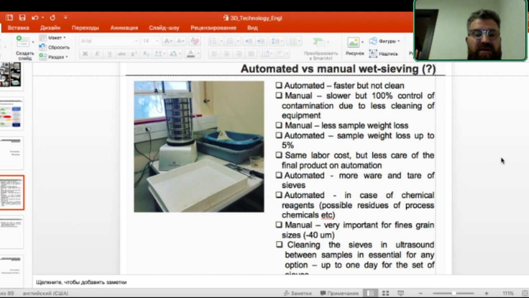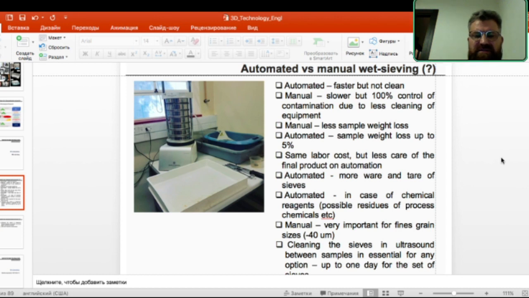And when you use the manual approach, you cannot wash it properly. But with automation, first of all, it gets washed. And also, you do not touch the substances that can be poisonous.